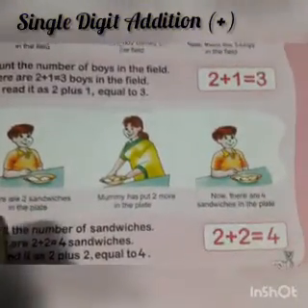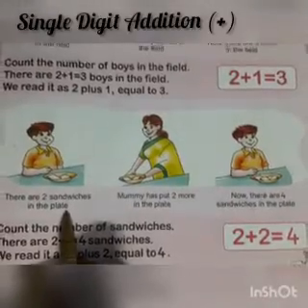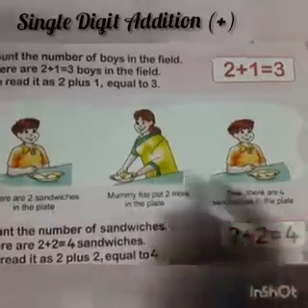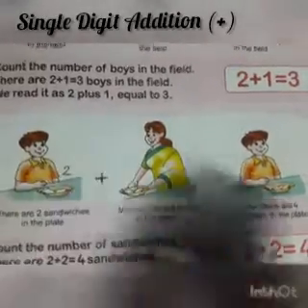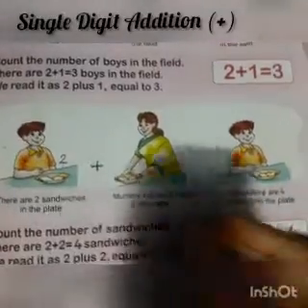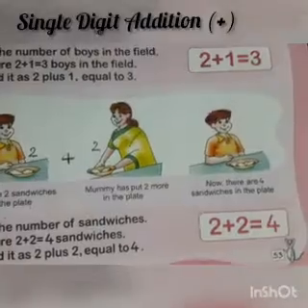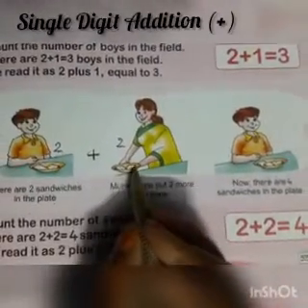See the next box. There are 2 sandwiches in the plate. Now Mama has put 2 more on the plate. So now count them. There were 2 sandwiches in the plate. Now Mama has brought 2 more here. Okay. So count them. 1, 2, 3, 4.